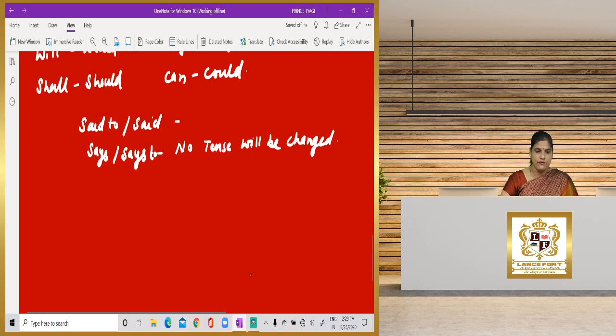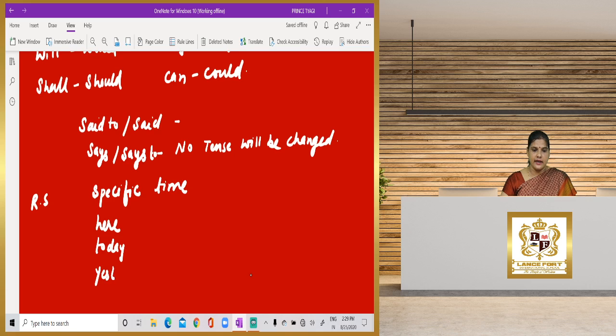Now next is rule number 5. Rule number 5 is specific time. Suppose in the reported speech you see these words: today, yesterday, tomorrow, now, this.